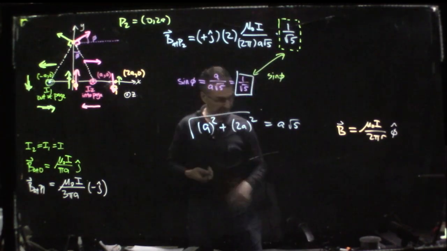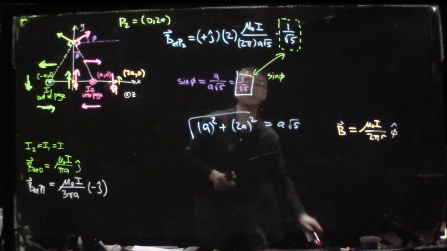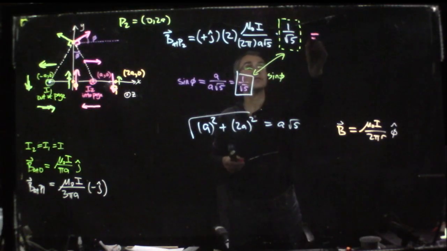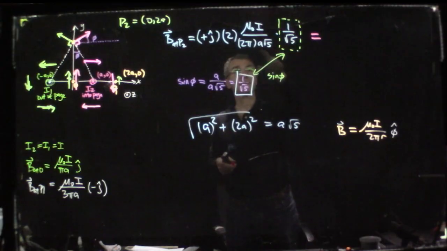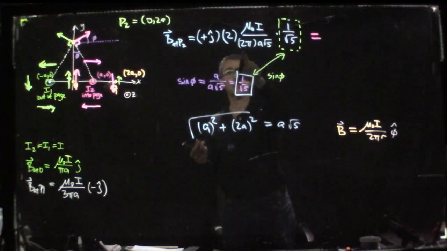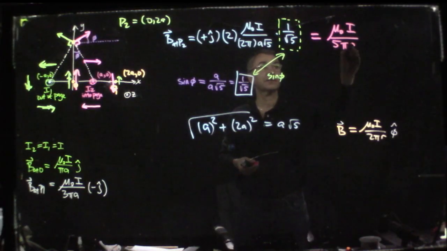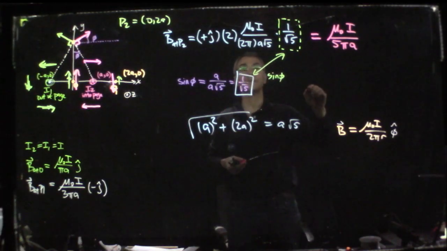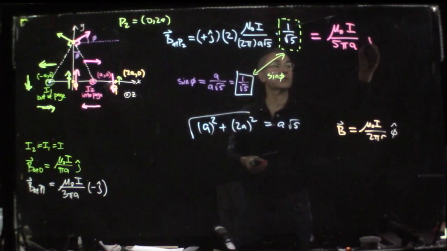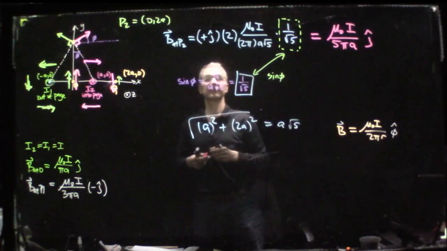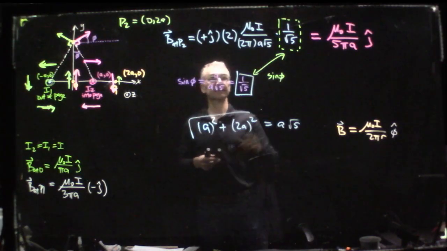So then our final answer is, root 5 times root 5 is 5. This 2 cancels this 2. So this is mu naught I over 5 pi a times j hat.